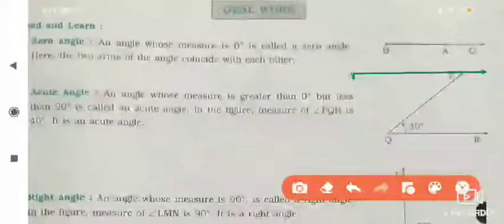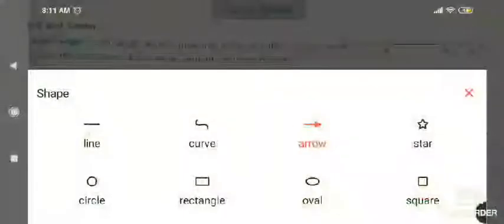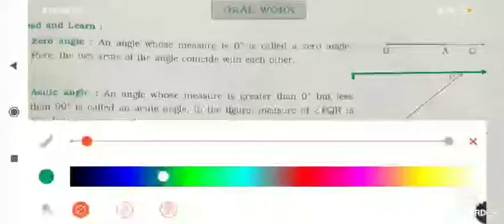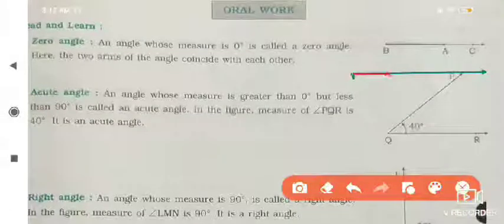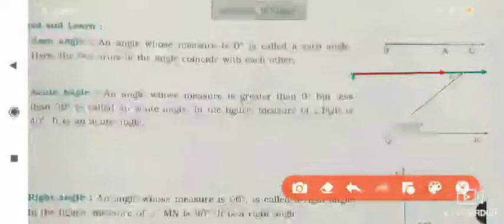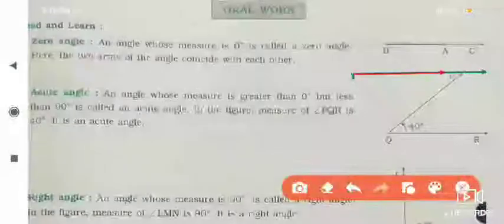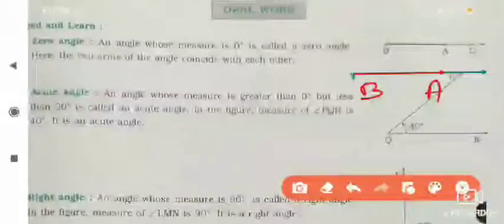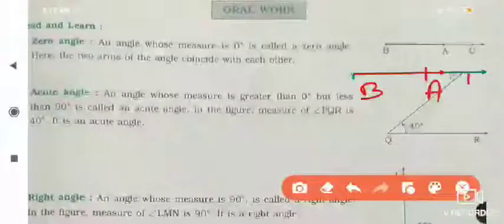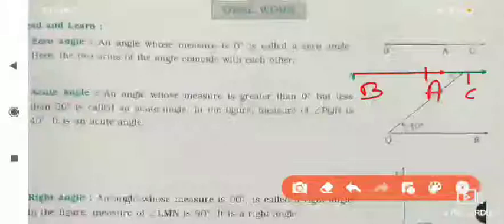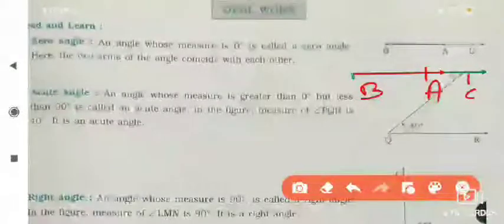This is the first arm of the angle, and this is the other arm, which coincides with it. If you see here, the green arm and the red arm coincide, they are on one another. This is ray BA and ray BC, on each other, and this angle is called a zero angle.